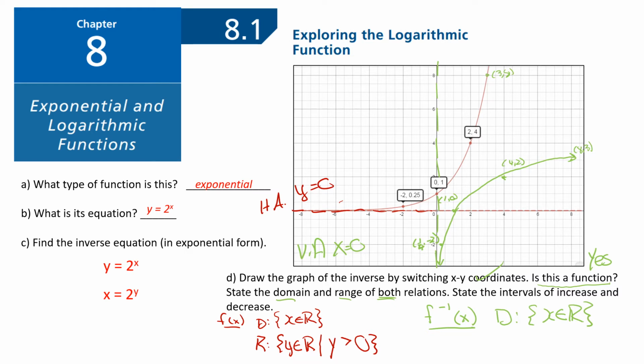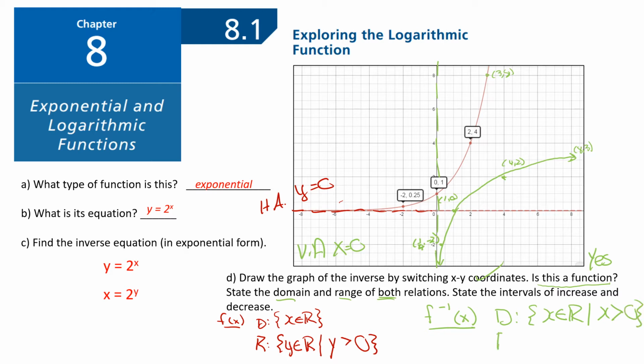My graph doesn't go on the left-hand quadrants at all. Well, sorry, it is an element of real numbers, but that's not all. We have such that all of the x values that are in play here are all greater than 0.